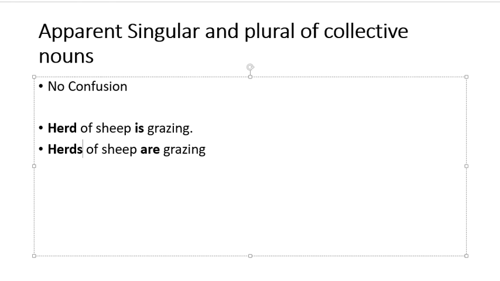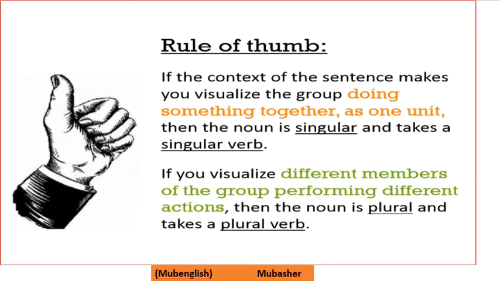But sometimes a collective noun is visualized as plural. How it happens is a bit confusing for the students. If we try to look at the context of a sentence, with the imagination of our eyes, and we look at what we are really saying, and we are taking the collective noun as singular, then we will use a singular verb.